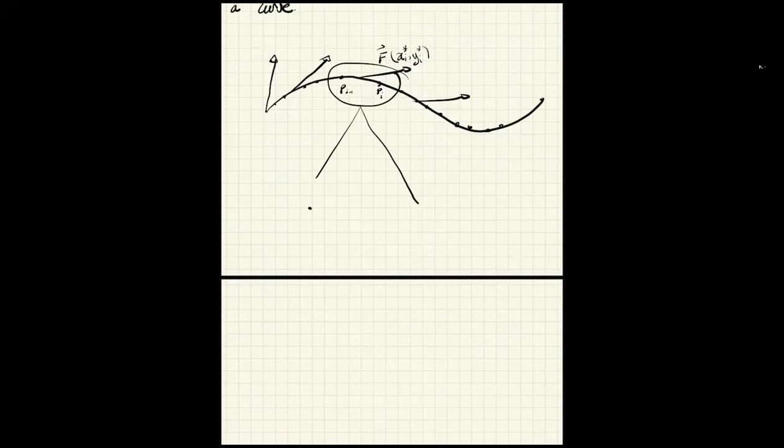This looks like a curve. We have the point P_{i-1}. We have the point P_i. We have the force F, evaluated at some point (x_i*, y_i*), which belongs to the curve. We have the vector P_{i-1}P_i, and we have the tangent vector here, evaluated at the point (x_i*, y_i*).